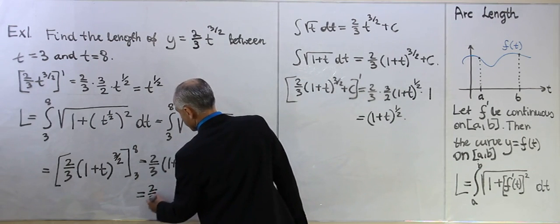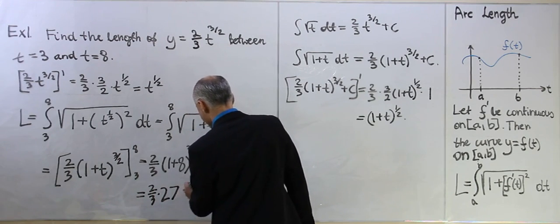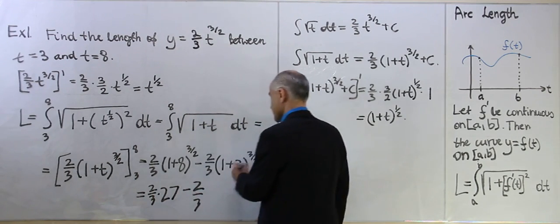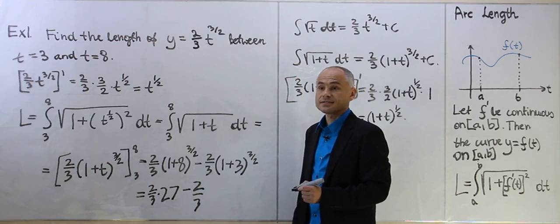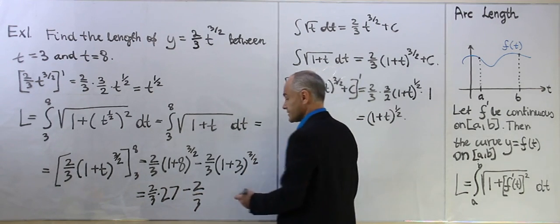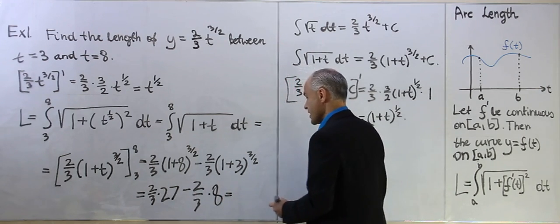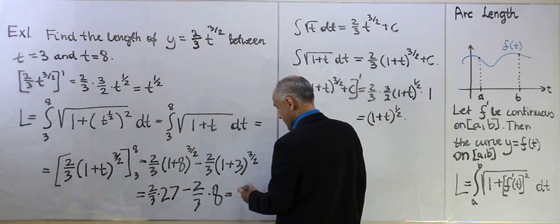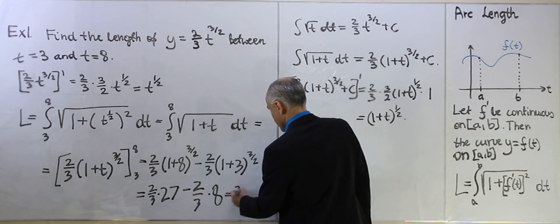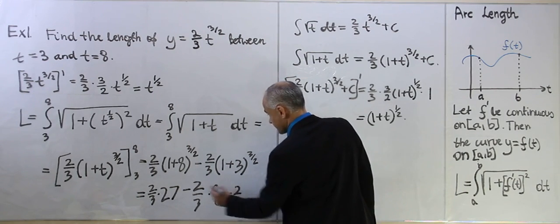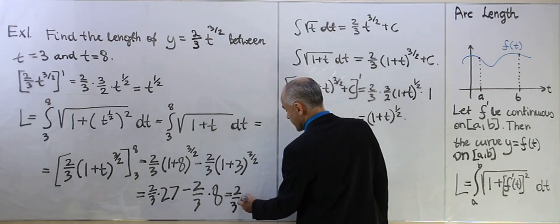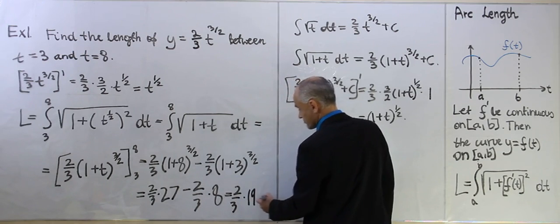So I have 2/3 times 27 minus 2/3 times 4 to the power 3/2. It's 8. Okay, so what do we get? 2/3 times (27 minus 8), that's 2/3 times 19.